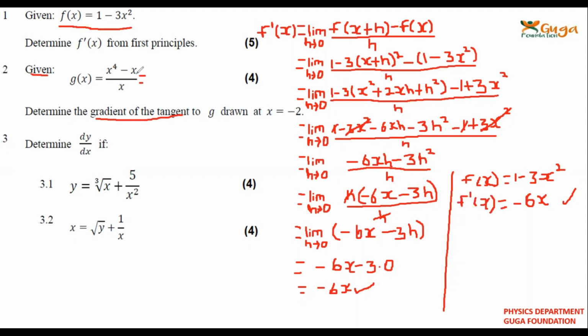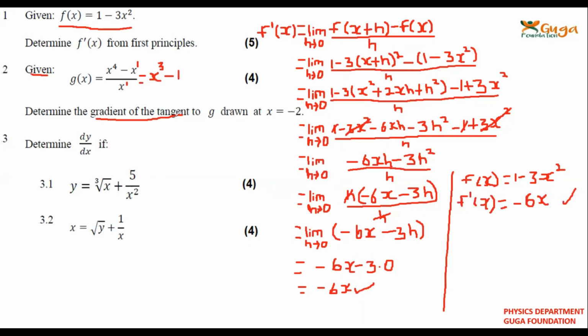Using the rules of exponents, it will be x to the power 4 minus 1, which is x to the power 3, minus x to the power 1 minus 1, which is x to the power 0, and any number to the power 0 is 1.